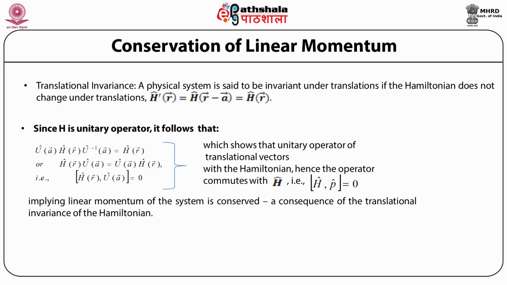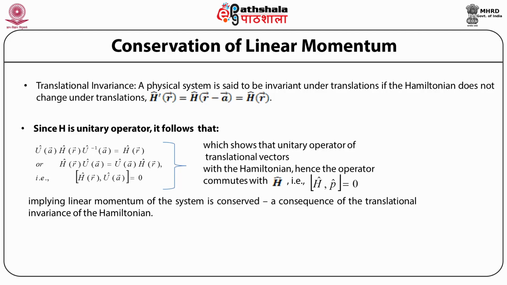Now, since the Hamiltonian operator H is a unitary operator, hence we can show that the translation operator acting on the Hamiltonian operator yields the Hamiltonian operator only, that is, the translation operator U as a function of position vector a, the Hamiltonian operator H as a function of position vector r, and the translation operator U inverse as a function of position vector a is equal to the Hamiltonian operator H as a function of position vector r, or the Hamiltonian operator H as a function of r, the translation operator U as a function of a is equal to the translation operator U as a function of a, the Hamiltonian operator H as a function of r.